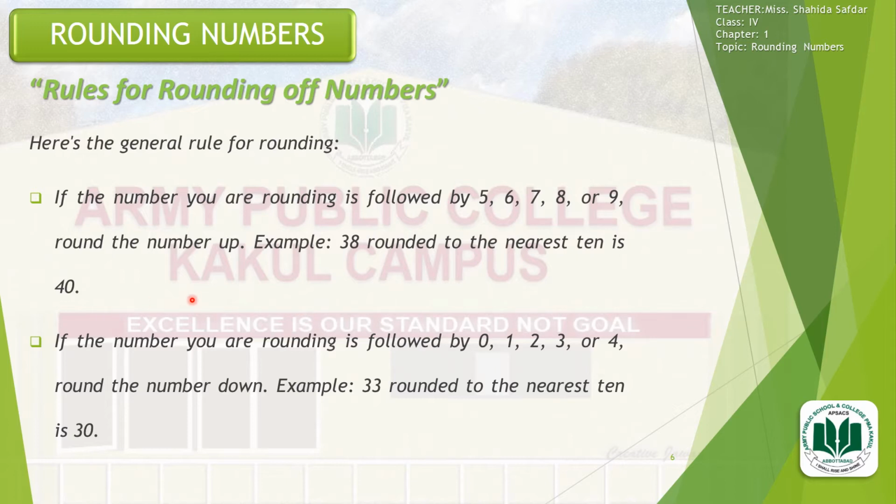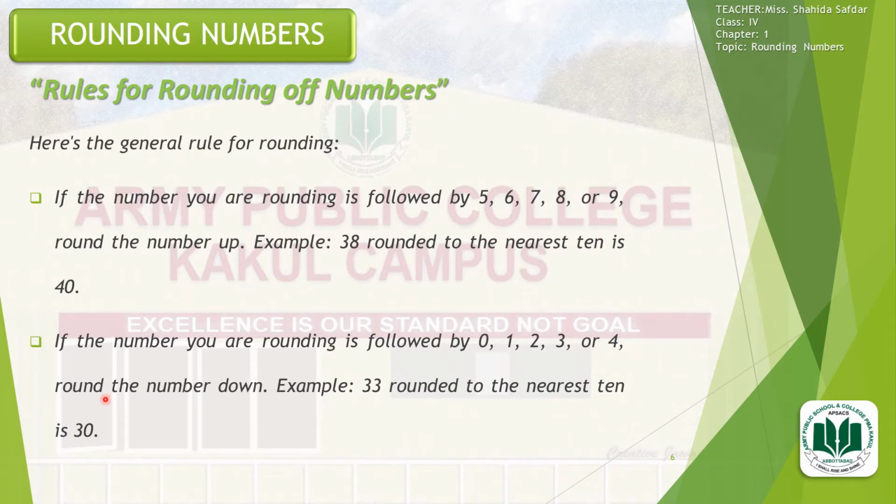For example, 38 will be rounded to 40. When we are asked to round 38 to the nearest 10, as 8 is greater than 5, our digit 3 will be changed to 4.